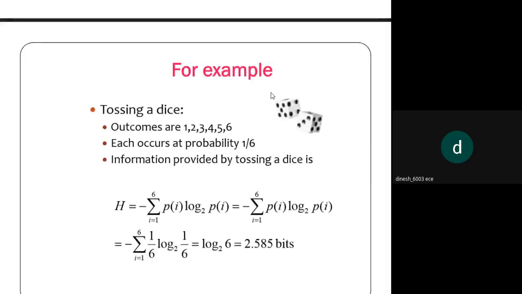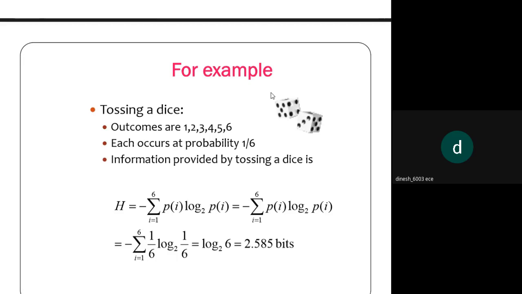Each occurs with a probability of 1 by 6. Why? Because when you toss a die, we measure only one event, but the number of outcomes could be 6. There are 6 outcomes, and at a time I can get only one output, or I can measure only one value. So the probability is 1 by 6.